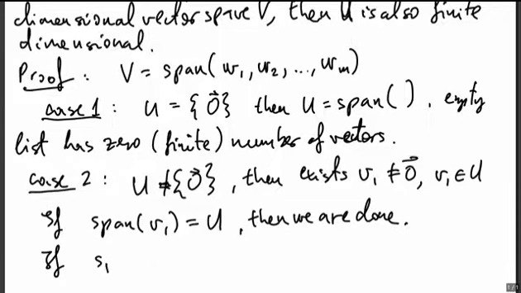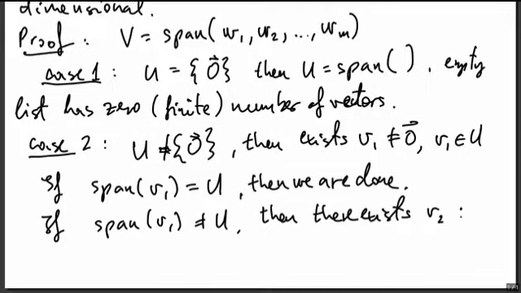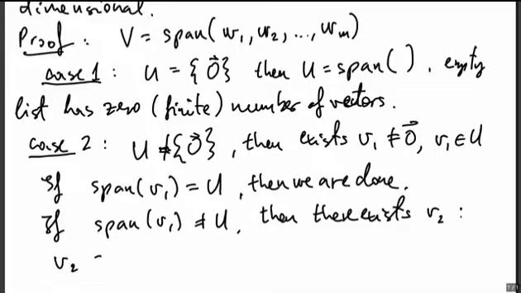If the span is different from U, then there exists V2 such that V2 is in the set U, but since it's not just the span of V1, that means it's outside. So this is a set minus notation. I think we use it for the first time in this class. V2 is in U, but not in the span of V1.